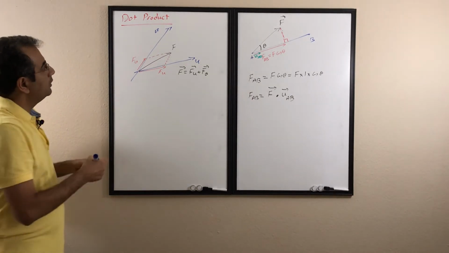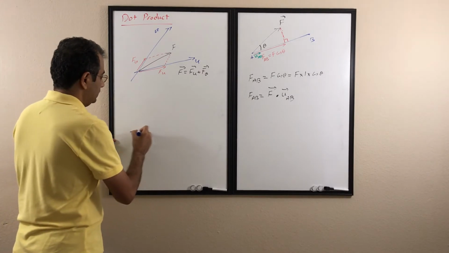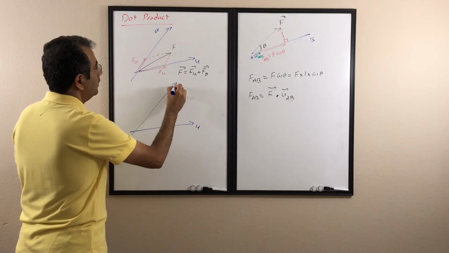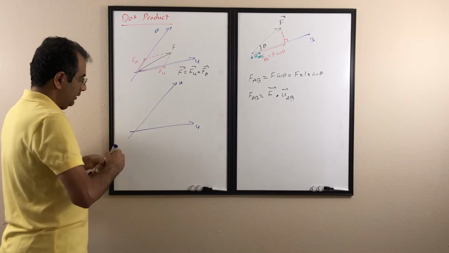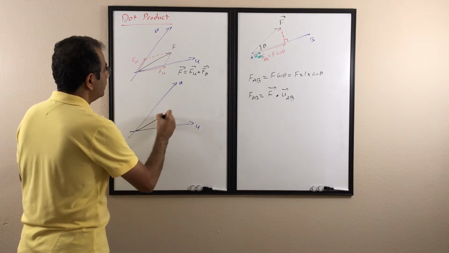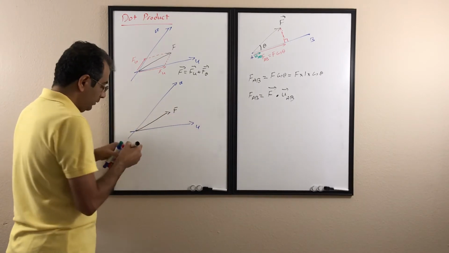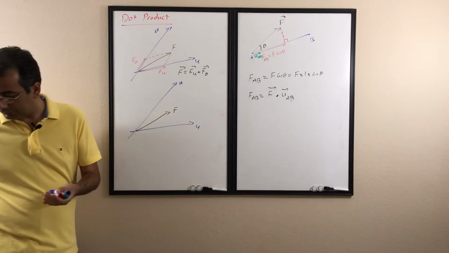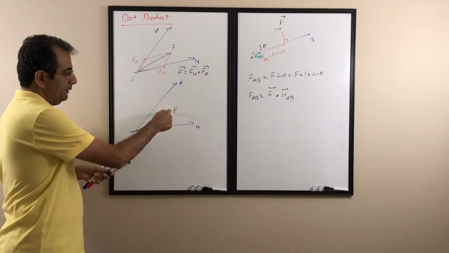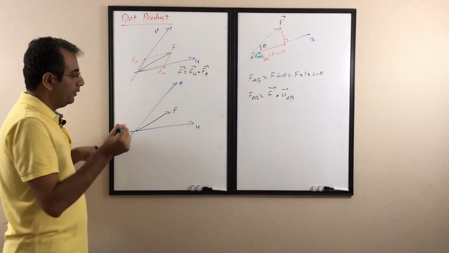So I draw U and V again. So that's U, and that's V, and it's the force F. This time I want to show you how we do the projection. For the projection, we go from the tip and we draw a right angle line.